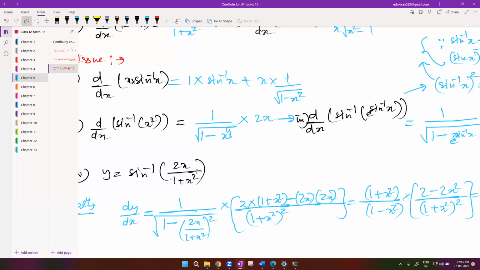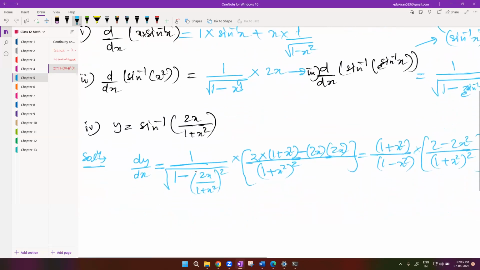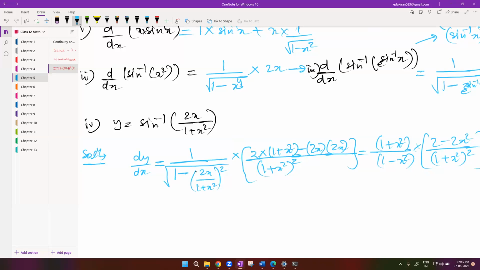So sine inverse sine 2 theta can be written as just 2 theta, right? So that is how these questions will be given. There will be a formula from trigonometry which will fit directly to your expression. So you need to replace x with some trigonometric function to solve the given question.